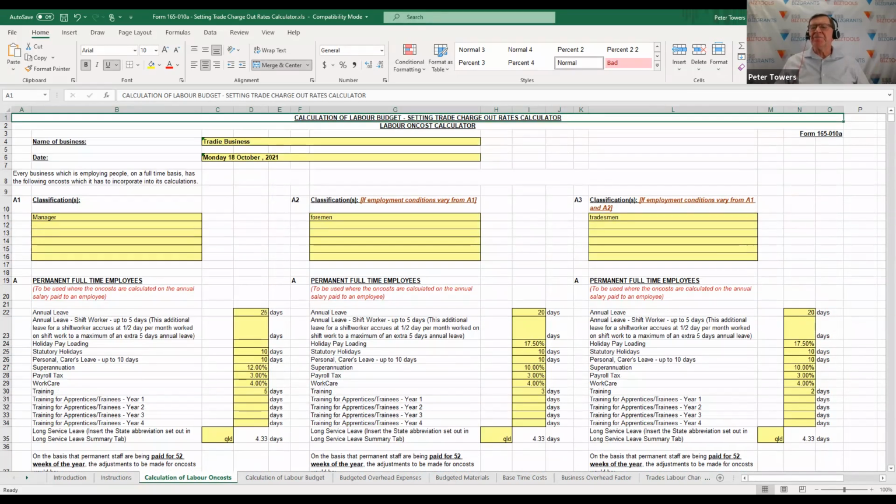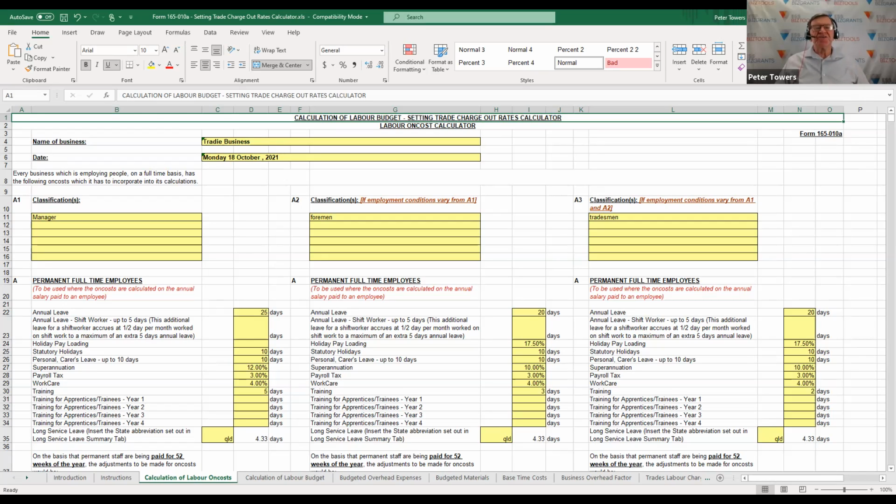So we started with a manager, and we said, when the manager gets 25 days annual leave, he doesn't get holiday pay loading, receives statutory holidays of 10 days and personal leave of 10 days, gets a superannuation rate of 12%. The payroll tax for this business overall will work out at about 3%.